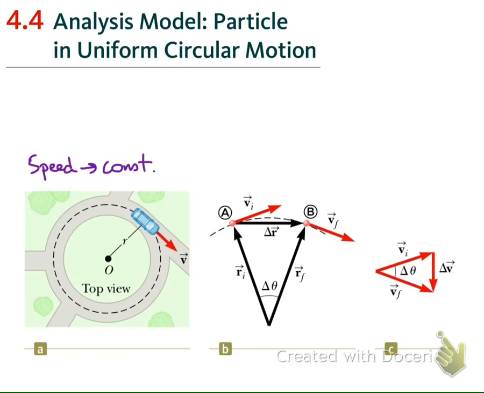Now, if we look at the position vector of the car or of any particle moving under the uniform circular motion, you can see that the position vector at position A and at position B, for any two positions A and B, will have a constant length.